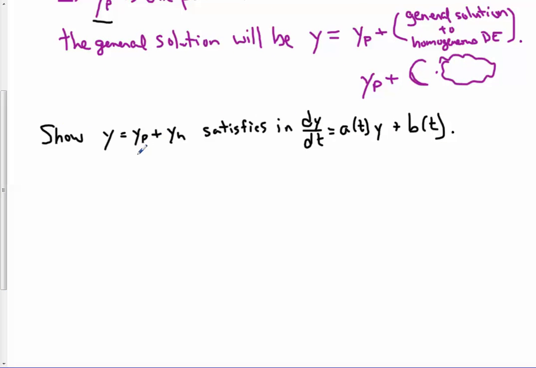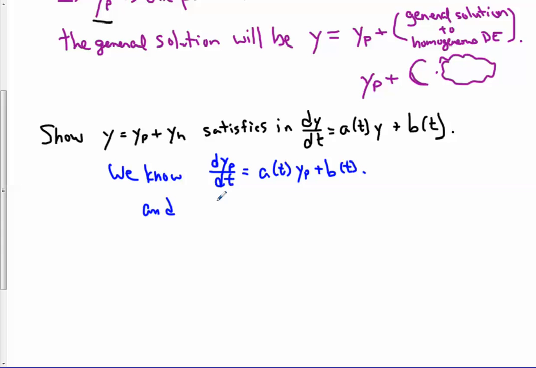Now, yp is already a particular solution to this differential equation. So we know that the derivative of yp dt equals a of t times yp plus b of t, right? We already know that yp on its own works when plugged in. So that's what that would look like. And we know yh works if you plugged it into the homogeneous version of it.